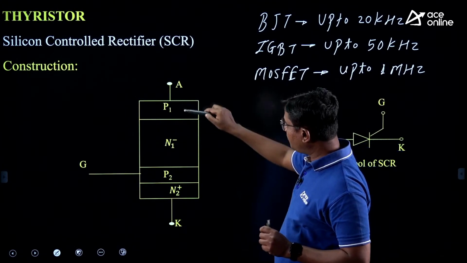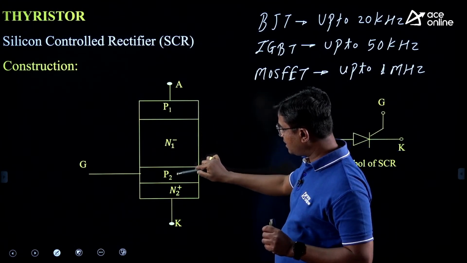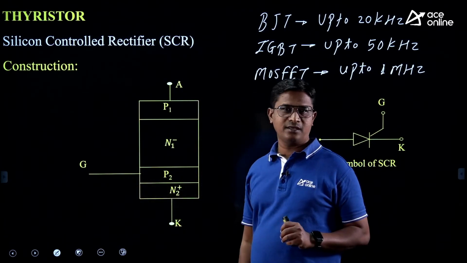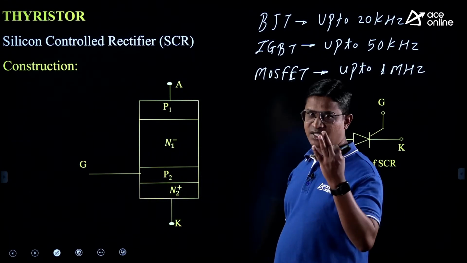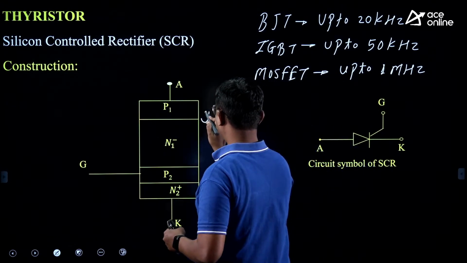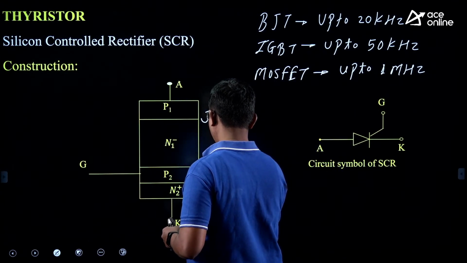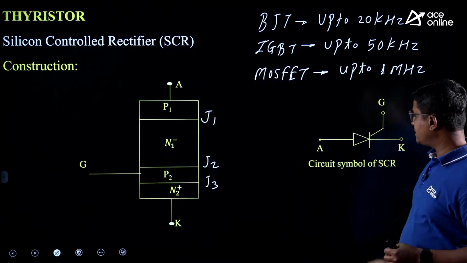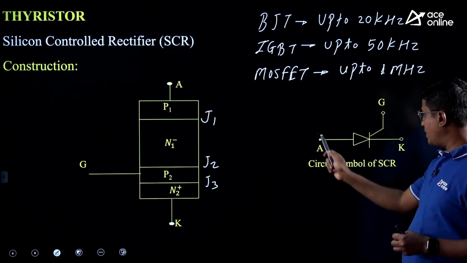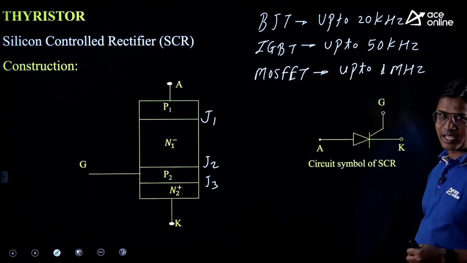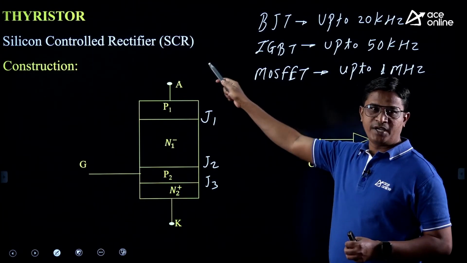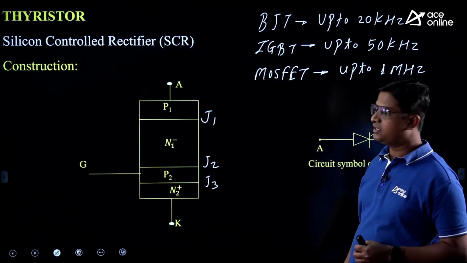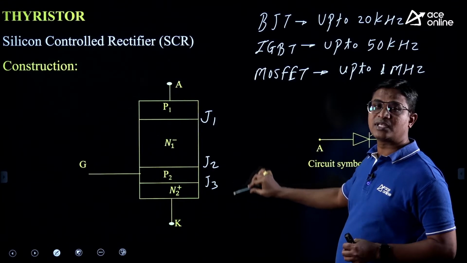Next, first layer, second layer, third layer and fourth layer. 3 terminals: anode, cathode and gate. How many junctions do we have here? 3 junctions. This is junction J1, junction J2, junction J3. Alright. Here is the symbol of the SCR: anode, cathode and gate. Between anode and cathode of the SCR, there is a load circuitry, right?